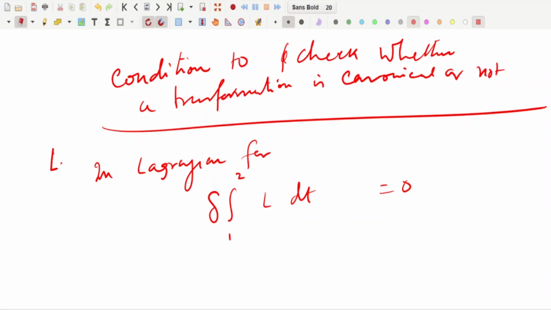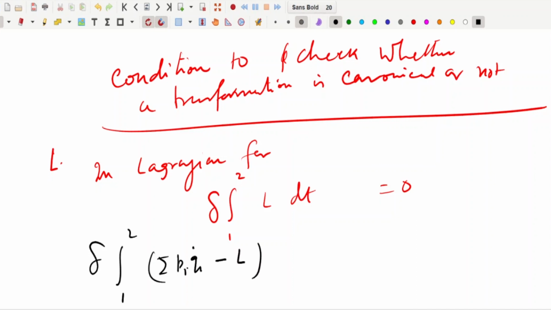So the variation delta between point 1 and 2, you will consider sum of pi qi dot minus H, not L, we should be careful, and it should be 0 for equation of motion.